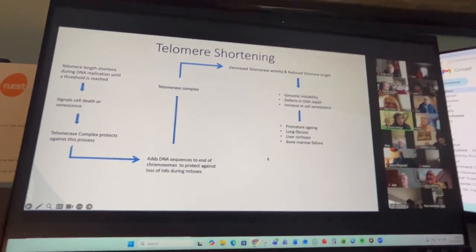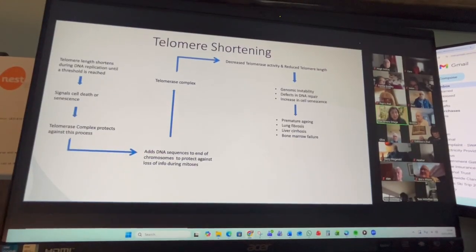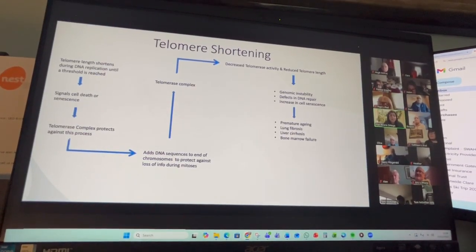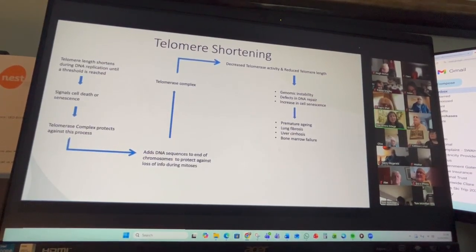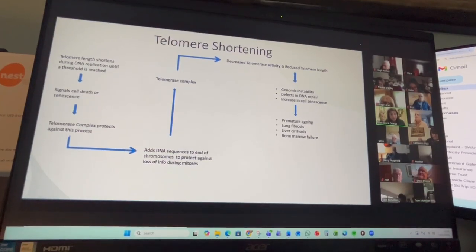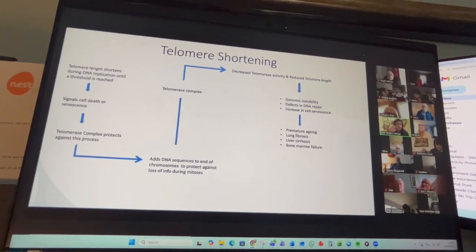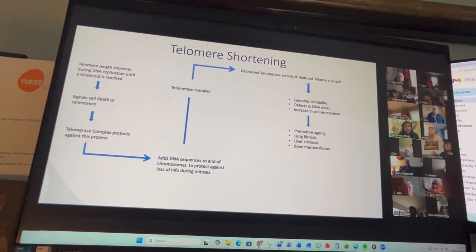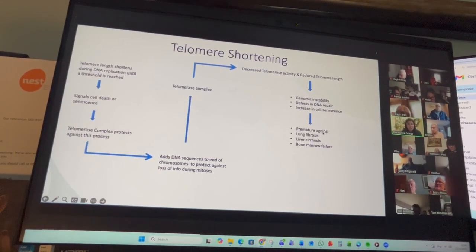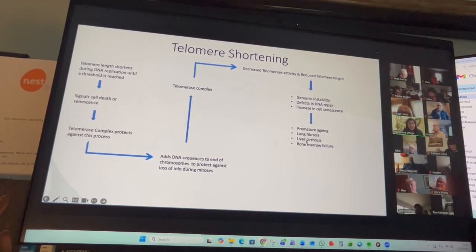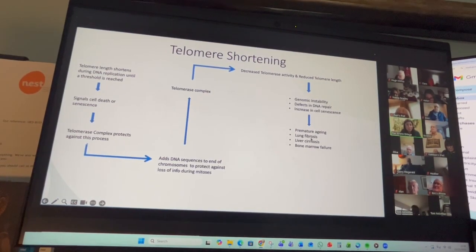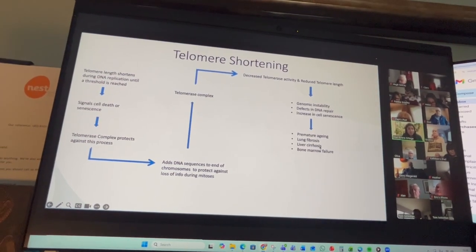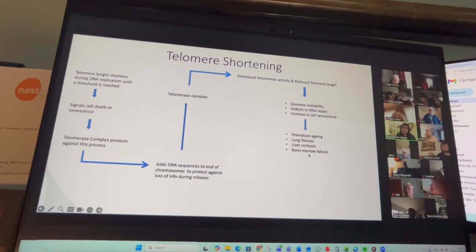That is the reason why we ask about premature gray hair, particularly if we are in our 30s or younger. That doesn't mean that everybody that has early gray hair when they are teenagers has a disease. No, sometimes it would be just because all the relatives have it. But if we have premature gray hair, plus a lung condition, ILD, and a liver condition, a bone marrow condition, we have two options there.